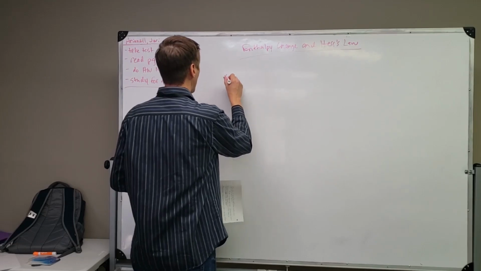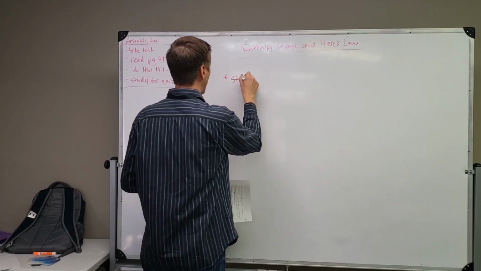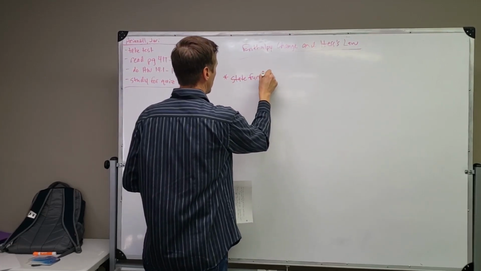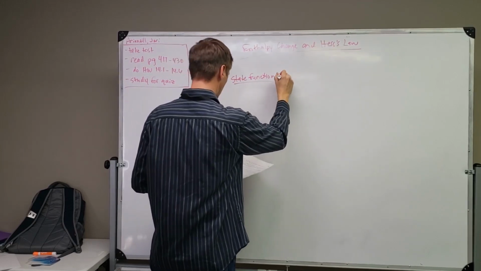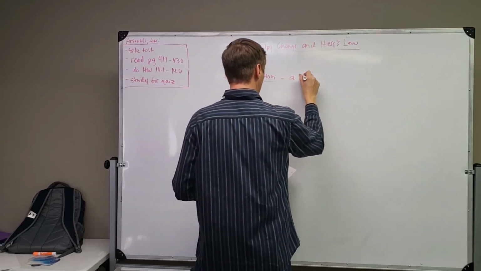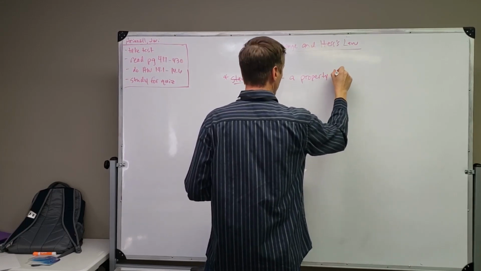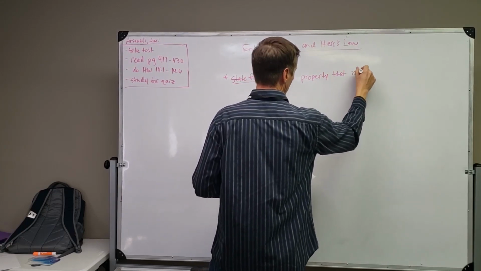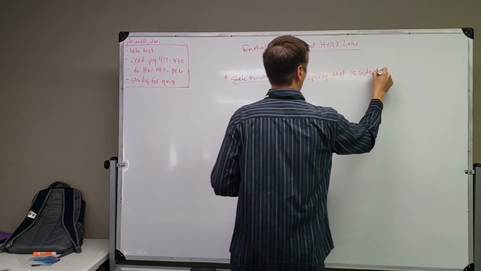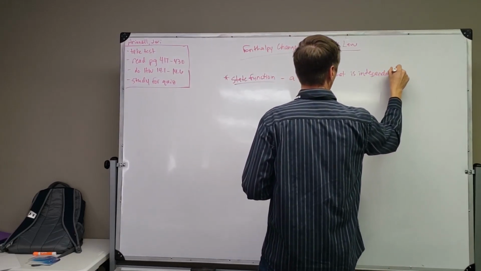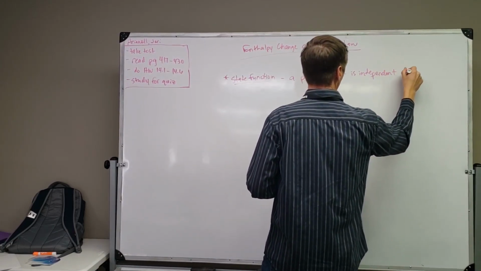But before we talk about what the most accurate way is, we need to define a term. We need to define what a state function is. A state function is a property that is independent of path.